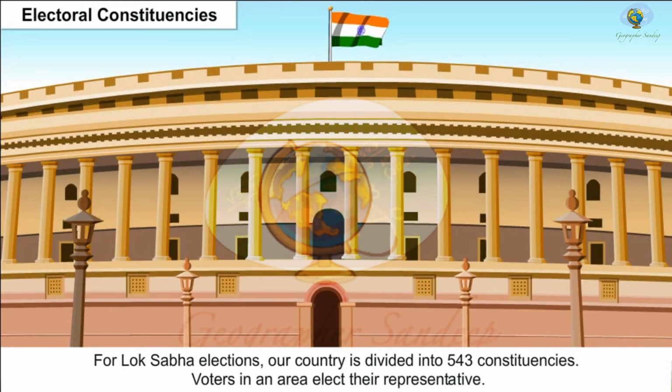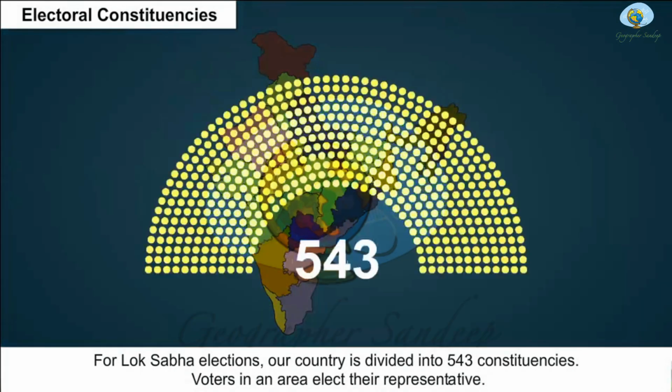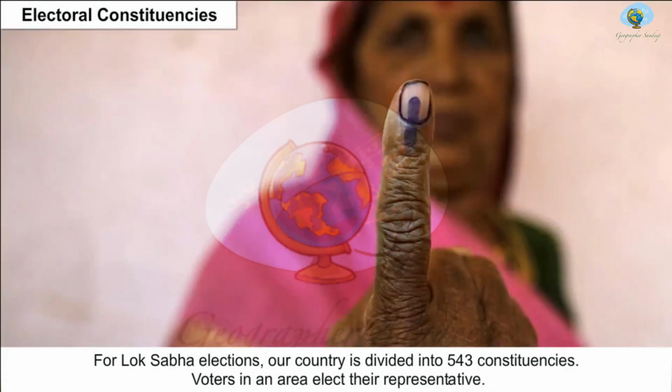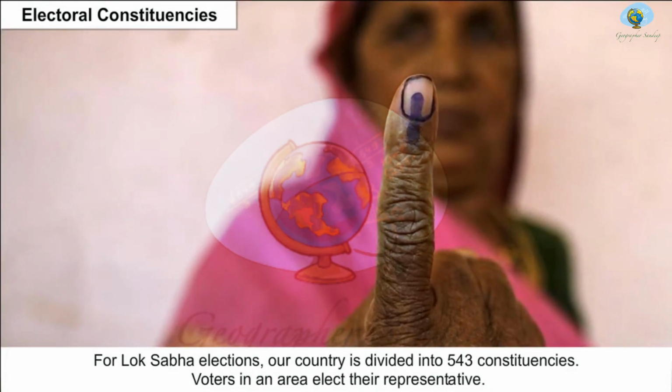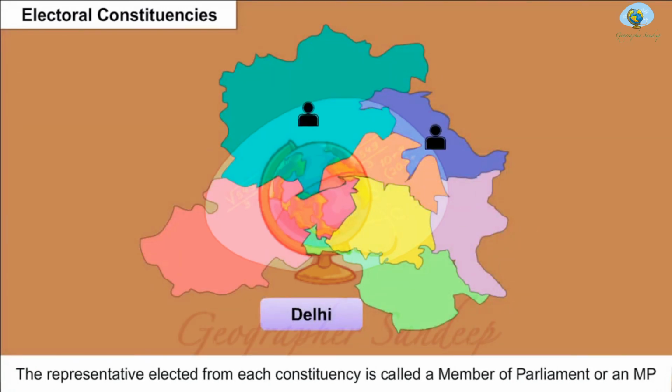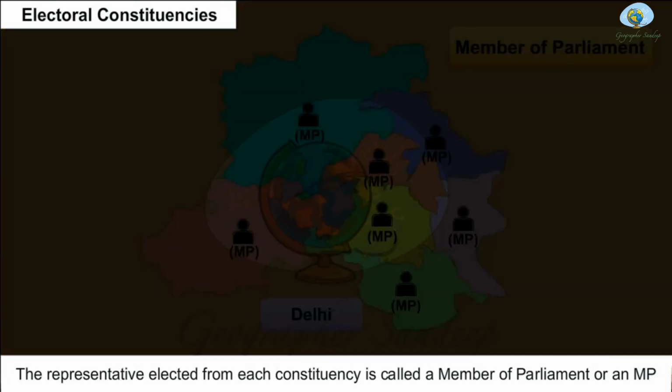For Lok Sabha elections, our country is divided into 543 constituencies. Voters in an area elect their representative. The representative elected from each constituency is called a Member of Parliament or an MP.